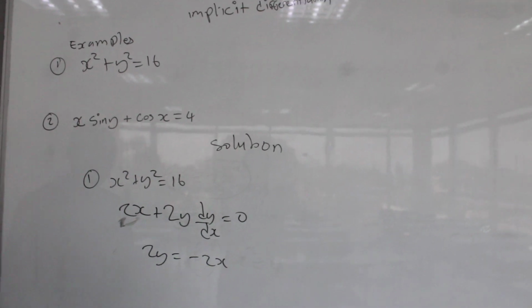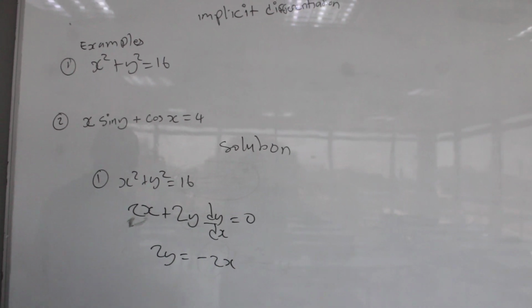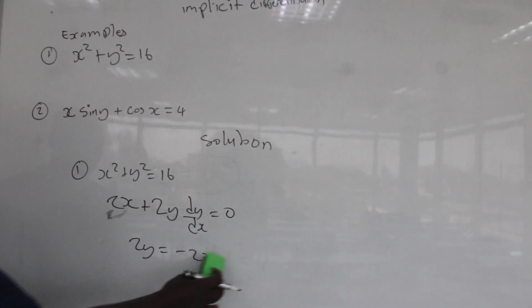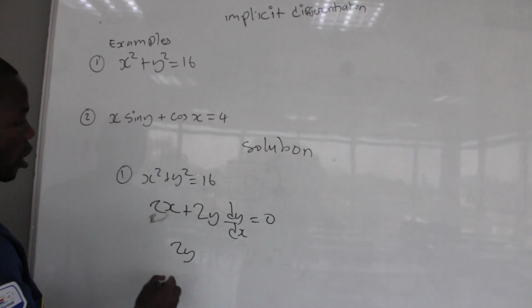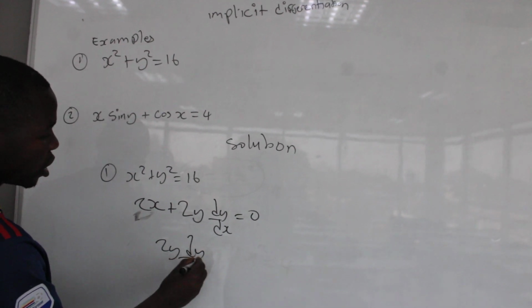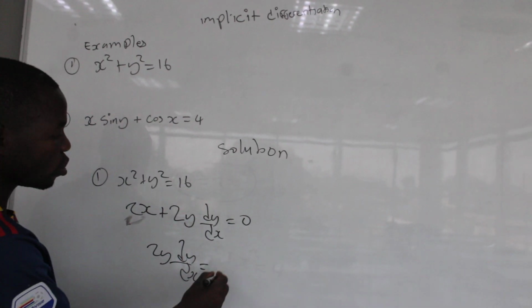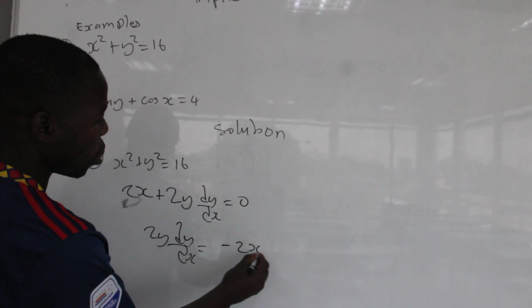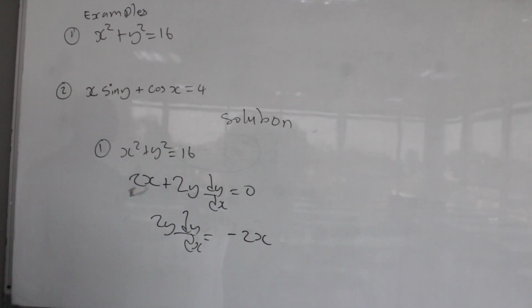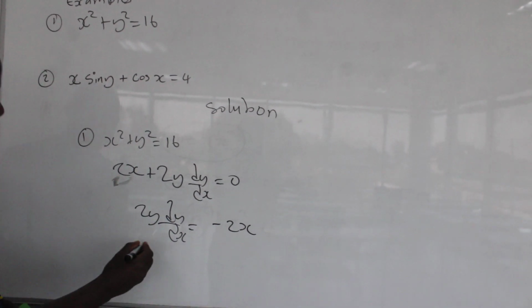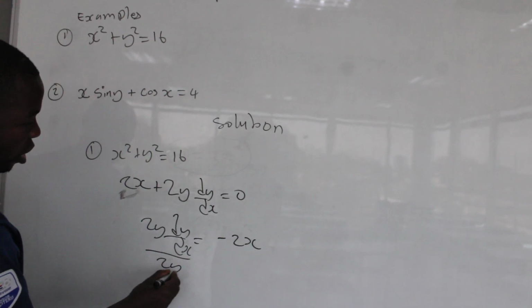So you have 2y dy/dx equals negative 2x. Don't forget the dy/dx is attached. Now what you are going to do is divide both sides by 2y.